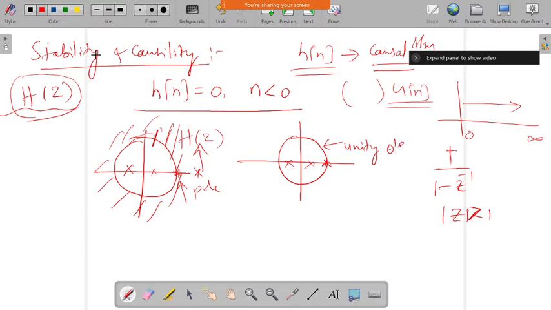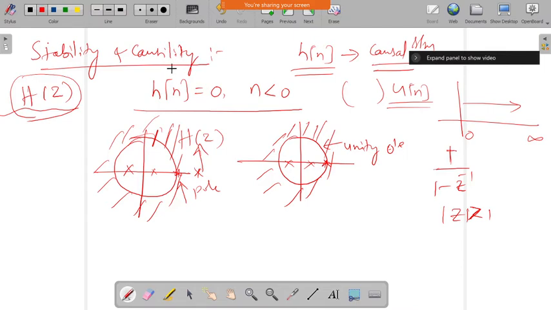In order to say the system is both causal as well as stable, all the poles should be inside the unit circle and the ROC should be greater than that unit circle. Then we can say that the system is both stable and causal.